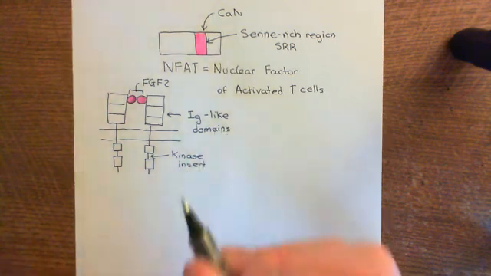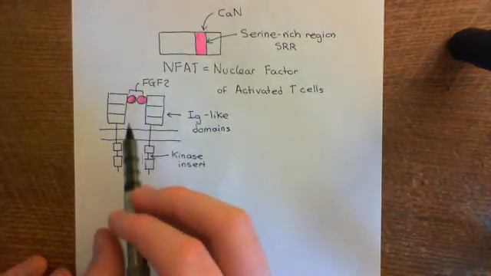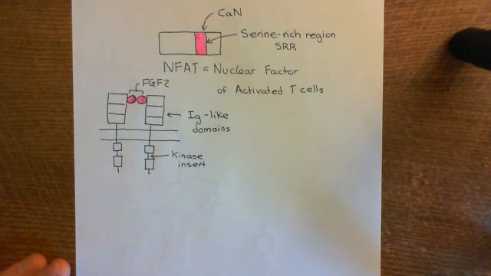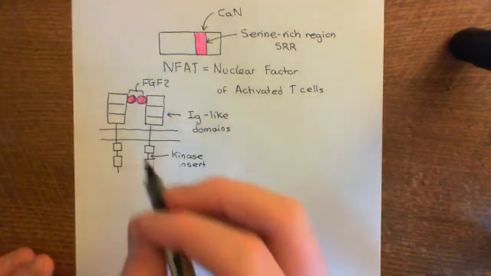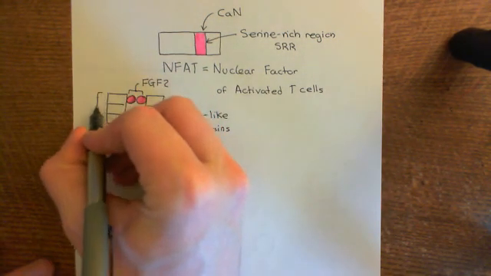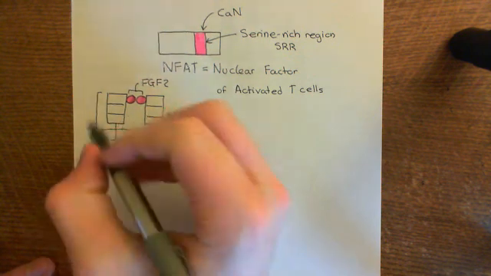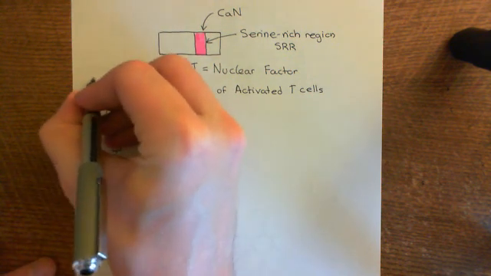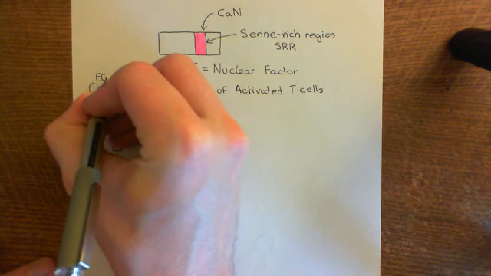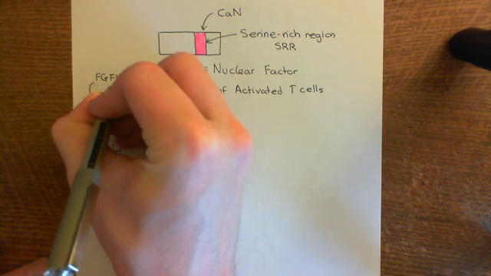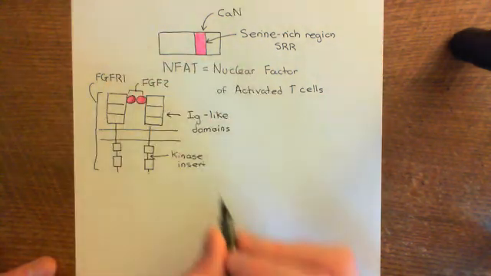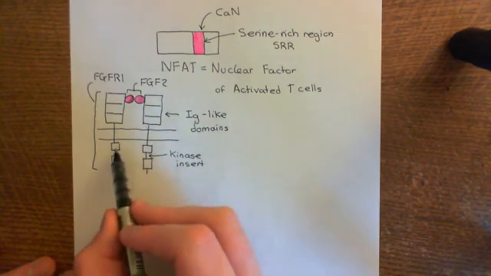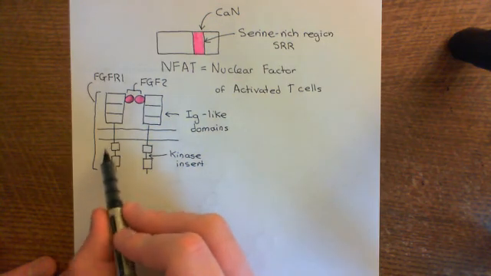Okay, right. So then what's going to happen is when the fibroblast growth factor 2 binds to this fibroblast growth factor receptor 1, then it's going to lead to the activation of both of these tyrosine kinases.